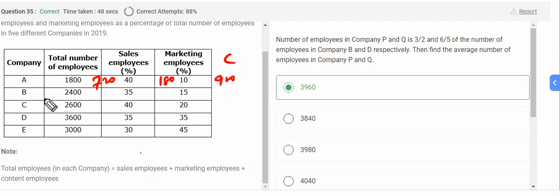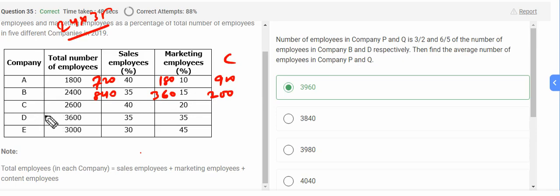Similarly for B, 24 into 35, which is 70 into 12, so 840. 15% will be 360, and for content 50%, so 50% of 2400 will be 1200.